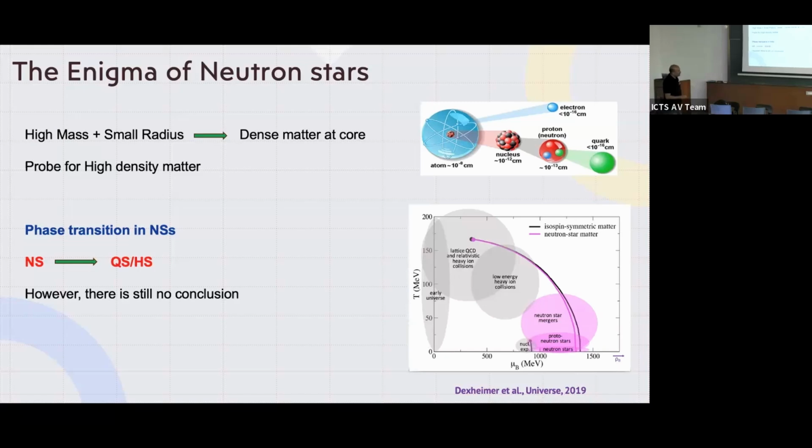And this part of the phase diagram is probed by the low density experiments. Some of them are working and some of them are yet to be started. The interesting thing is that for this part, no experiment is going on, because there are some problems both theoretically and experimentally. And so the only place where we can test these theories of the equation of state or QCD is the neutron stars.